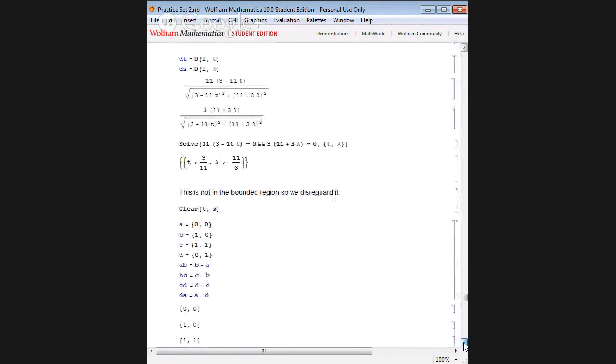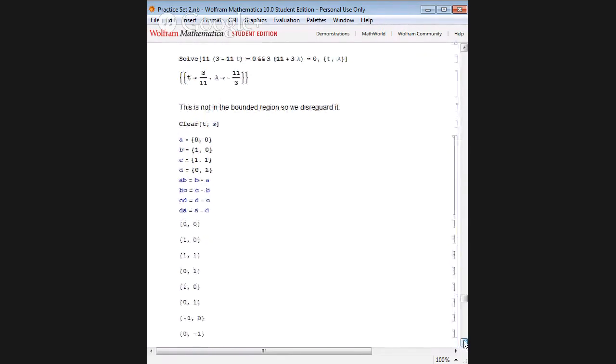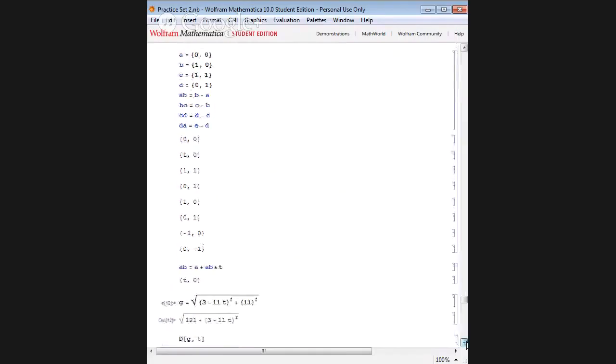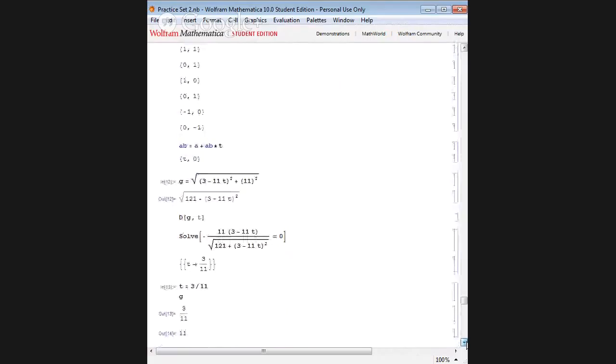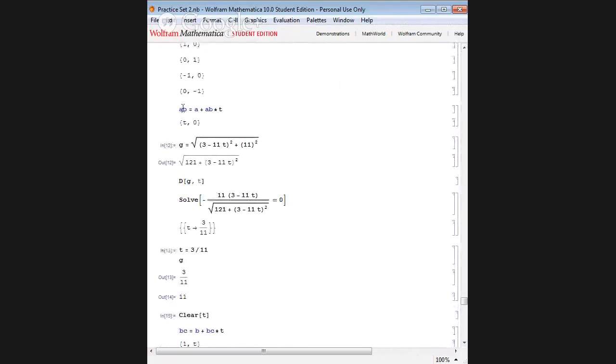So I then started looking at my region boundaries. I know I've got to do A, B, C, and D, my points. I found the segments, and then let the computer do a lot of the tedious stuff. Then I started with AB and parameterized it.